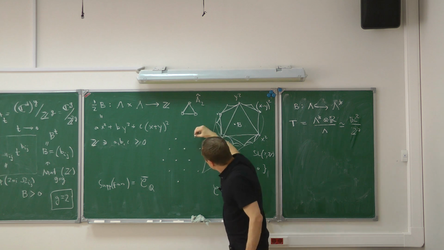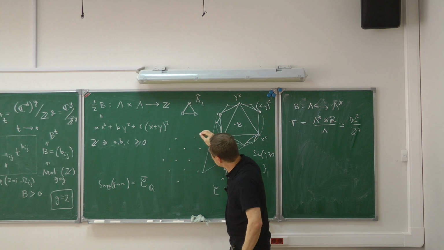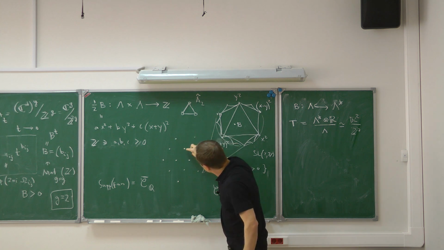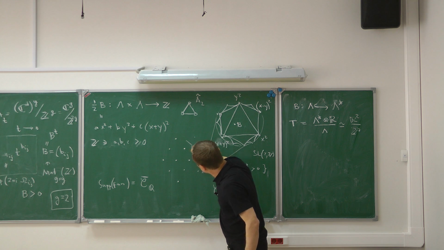It's used in applied math a lot. The way it's defined is I look at the points which are closer to this point than to any other integral point. So in this case, there is a hexagon.